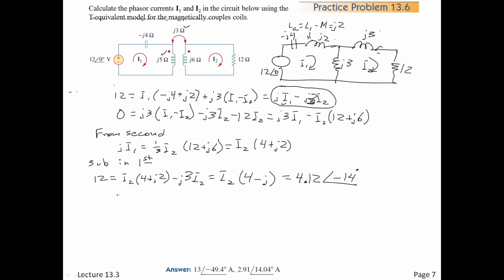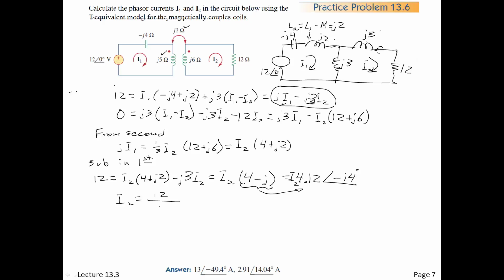So then I2 is equal to what? 12 divided by this thing. 12 divided by, hang on, this is I2 times, I just converted this to the phasor.